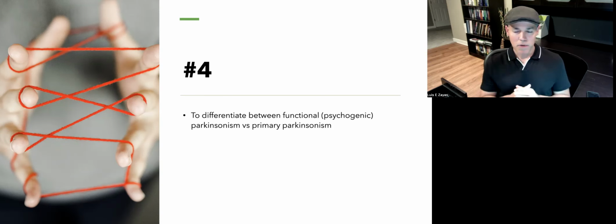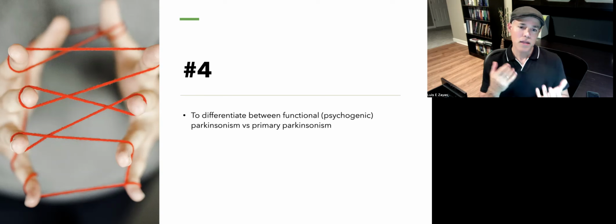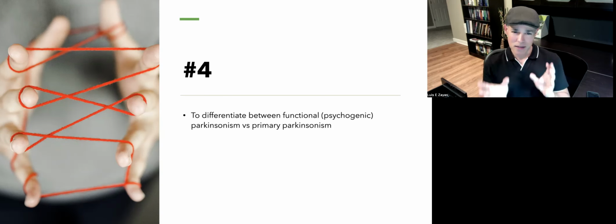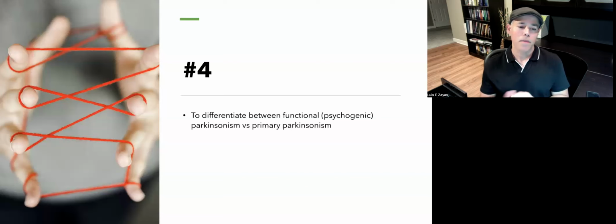Parkinsonism is approximately 5%. So usually we don't use this test to make the diagnosis, because also it is kind of easy to make the diagnosis and to differentiate between these two processes.